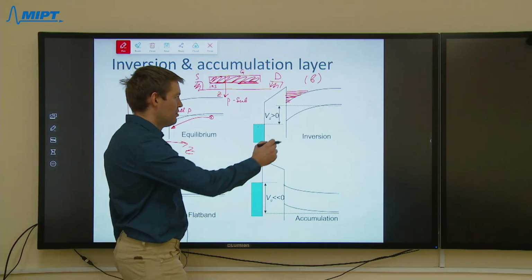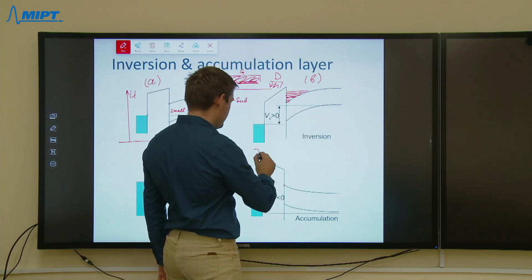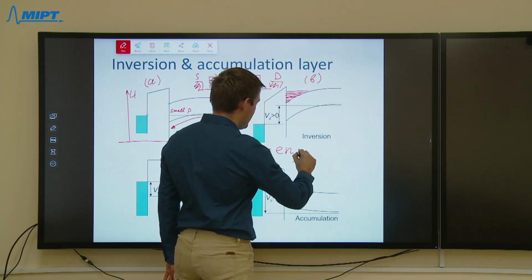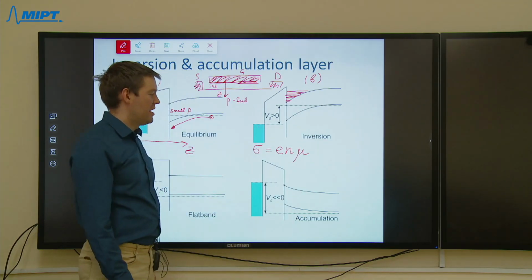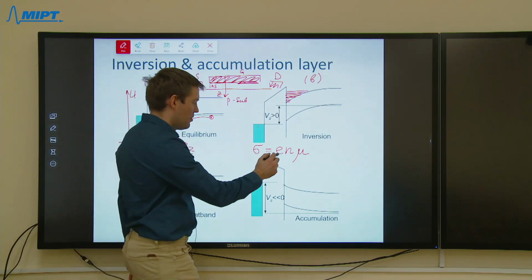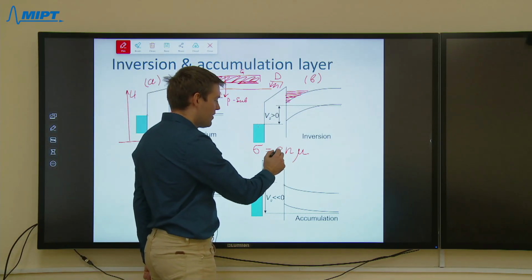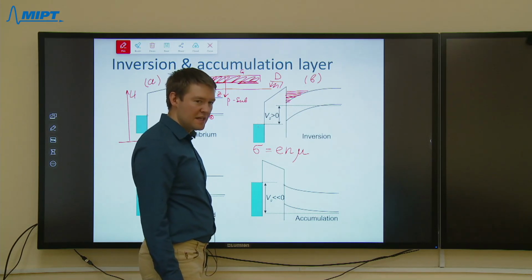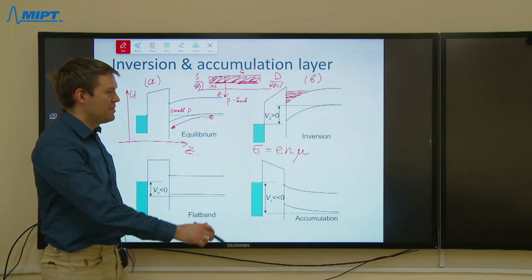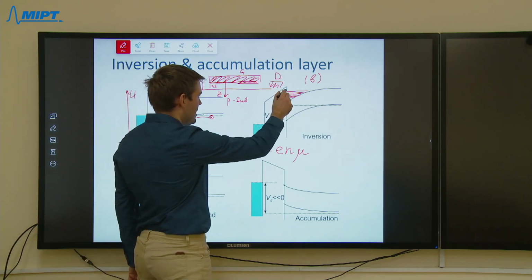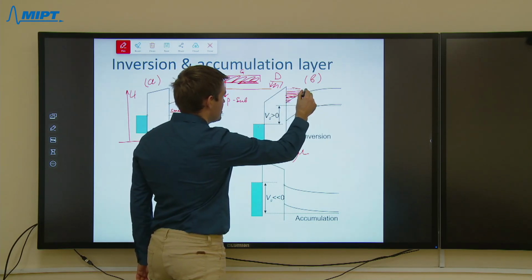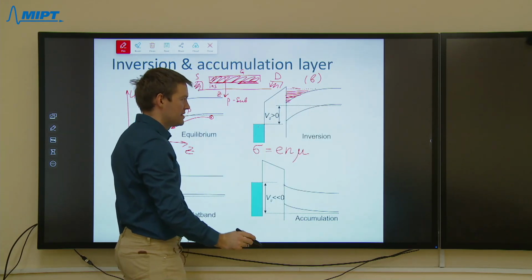To do so, if we believe that the conductivity is the carrier density multiplied by mobility and multiplied by elementary charge, all we need is to accurately find the electron density, N. And this electron density should be found everywhere, not only at the surface, but it should be integrated over all possible z coordinates.